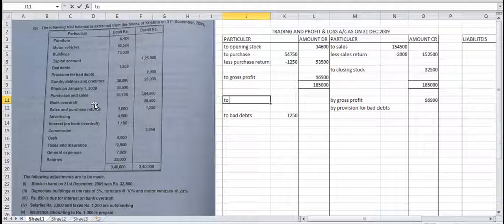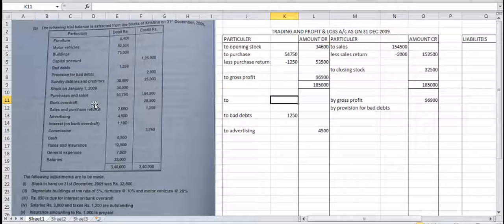Advertisement we didn't take. So I am writing here, to advertising. Advertising expenses is 4,500.